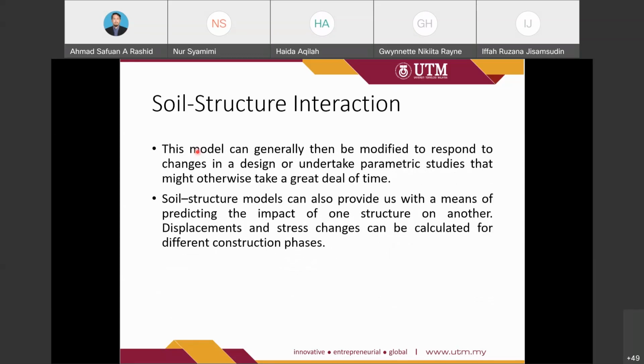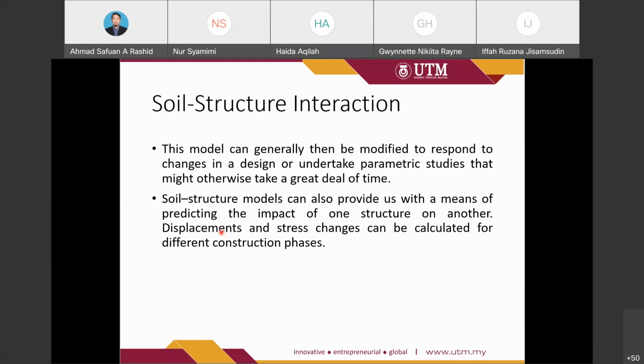So this model can generally be modified to respond to changes in a design or to undertake parametric studies that might otherwise take a great deal of time. The soil-structure model can also provide us with a means of predicting the impact of one structure on another. Displacement and stress changes can be calculated for different construction phases.